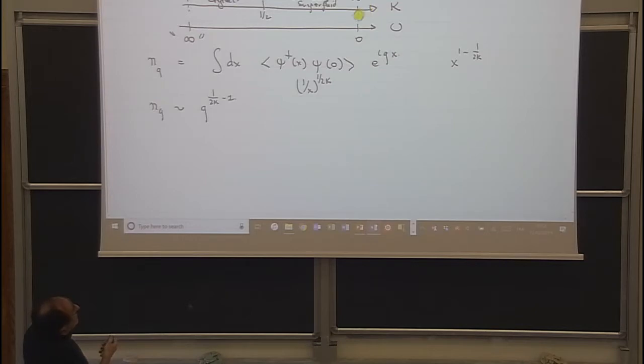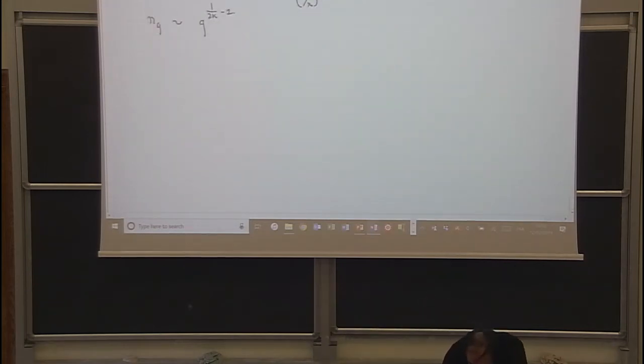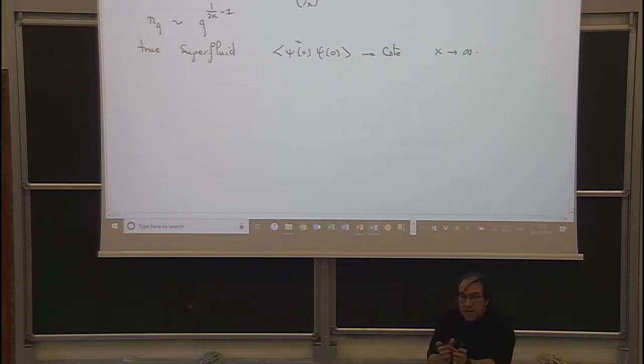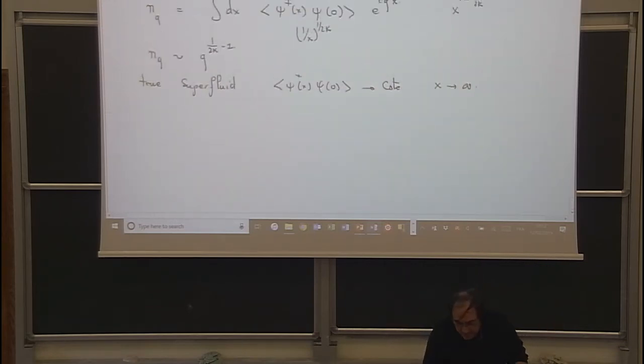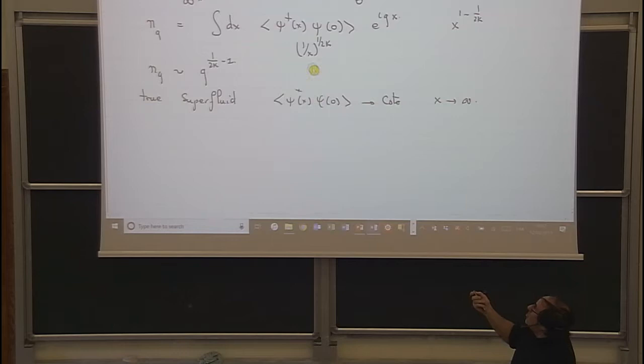If I had a superfluid, a true superfluid, this would tend to be constant at large distance. So for a true superfluid, psi of x, psi of 0 tends to a constant when x goes to infinity. I have perfect order. I can decouple the average of the product, and that's the square of the average. But then when I do the Fourier transform, I have the Fourier transform of a constant.